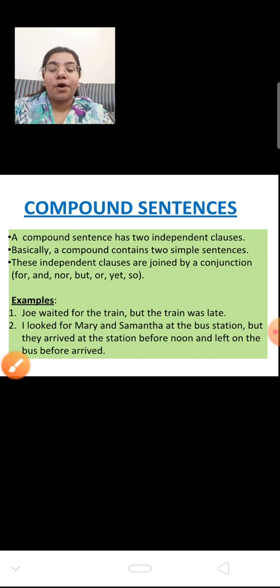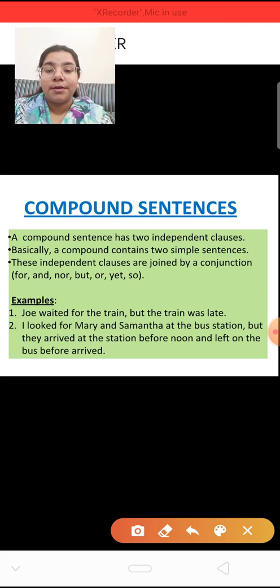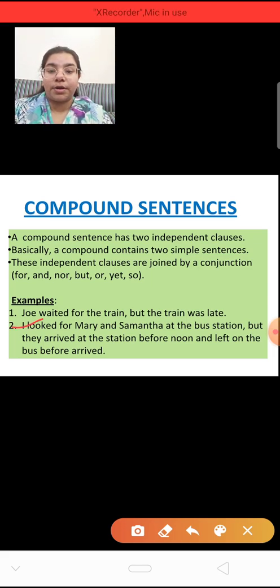I looked for Mary and Samantha at the bus station. Now this is one main clause. I looked. I is the subject, looked is the verb, and Mary and Samantha are the predicate. But they arrived at the station before noon.